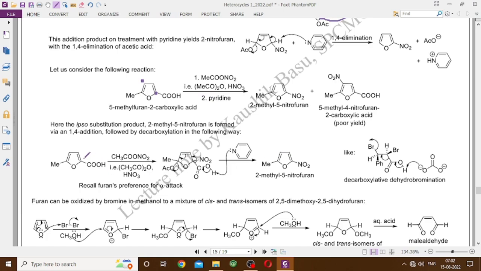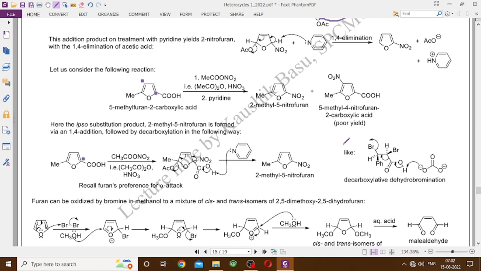So the nitro group has been incorporated here. This is alpha with respect to oxygen, and ortho/para with respect to methyl, and we get this 1,4 addition product. And this carboxylic acid is lost by treatment with pyridine, which is reminiscent of something which we have seen long back when we discussed elimination reactions.